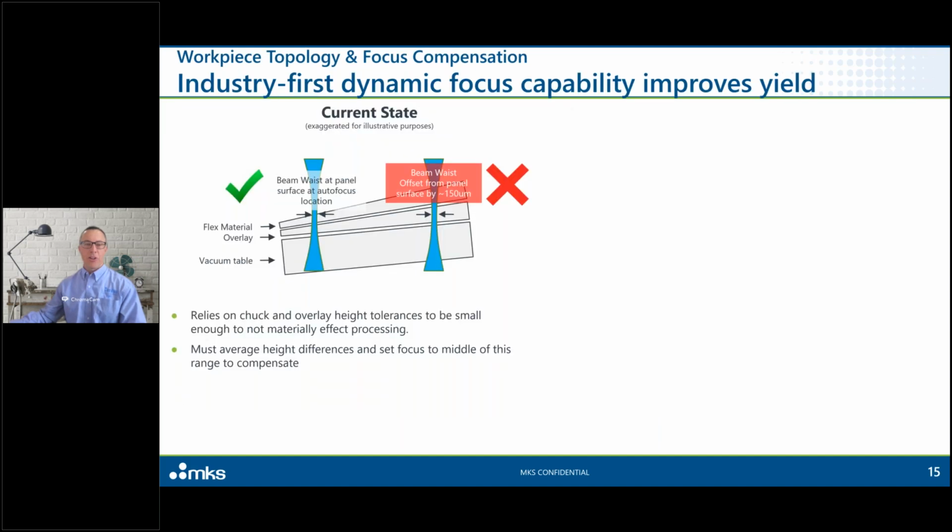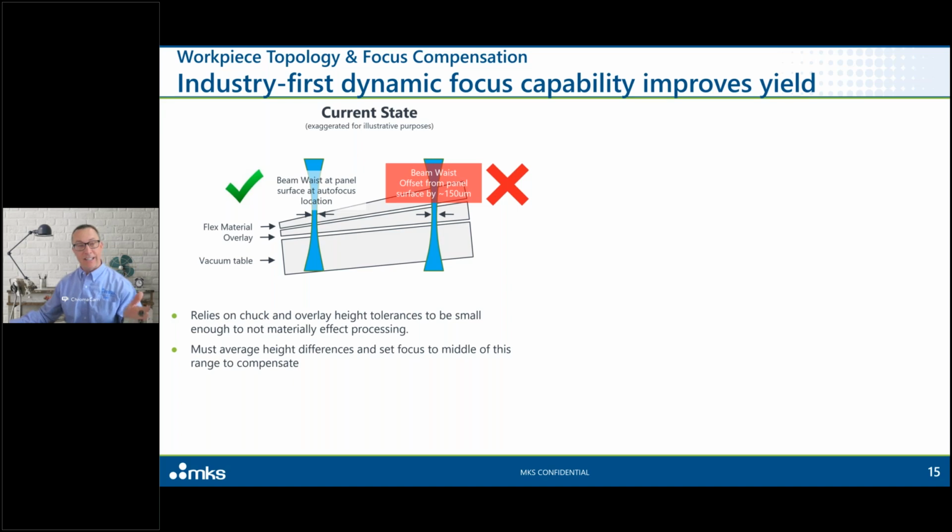So the other key element of Spot On is the focus compensation. So we are able to dynamically focus the beam based on that Z height mapping information that we record. The graphic I'm showing now displays what can happen.